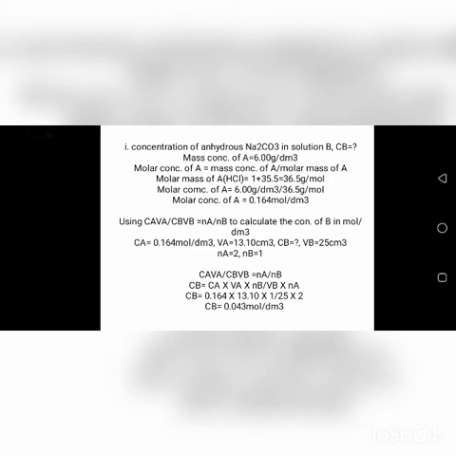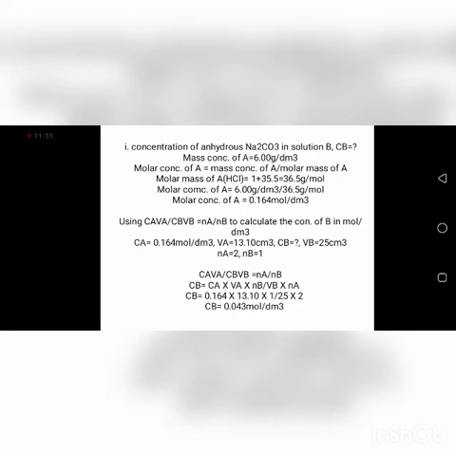The question asked us to calculate the molar concentration of B. So we use this formula: CAVA over CBVB is equal to NA over NB. CA is what we have calculated already, 0.164 mole per dm cube. VA, the volume of acid used, the titre value, we have been given as 13.10 cm cube. CB, the concentration of base, is what we are looking for.